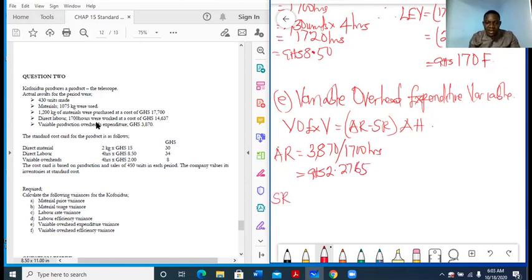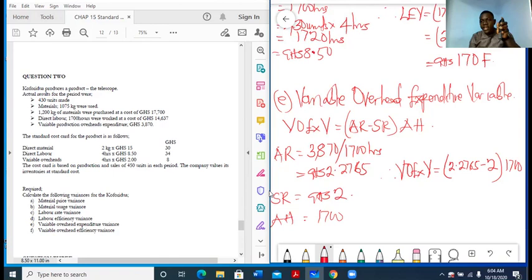Now our standard rate, we see that it is 2 CD. Then our actual hours we know is 1,700. Therefore, our variable overhead expenditure variance is equal to AR, which is 2.2765 minus 2 at 1,700. Now I'm working with the raw figures on my calculator, that is 3,870 divided by 1,700, minus 2.